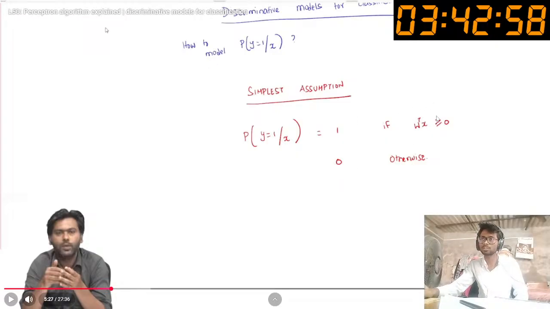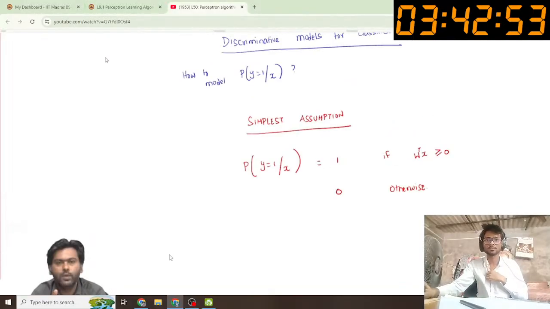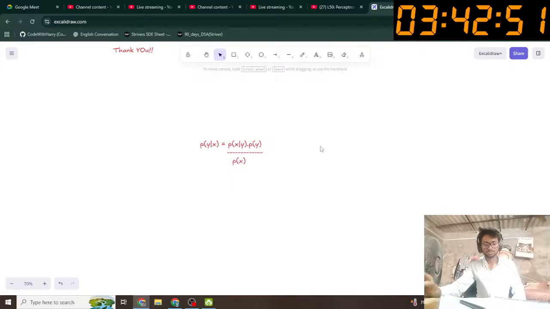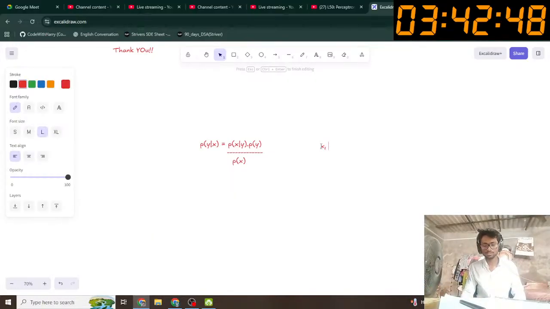You know the dot product between two vectors is given as follows. Suppose there are two vectors, say x and y.